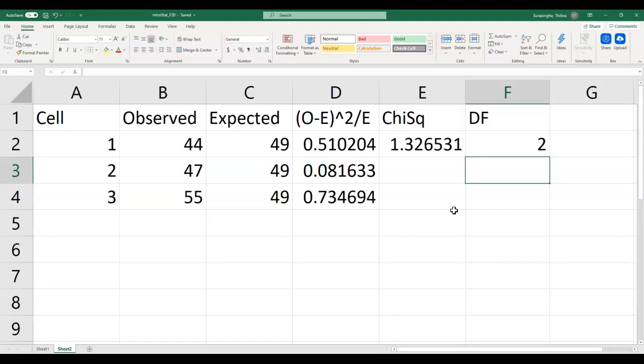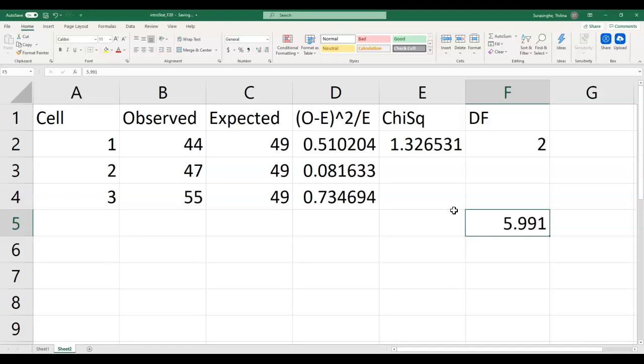What is the theoretical chi-square value that corresponds to your degrees of freedom? Your degrees of freedom is 2. That is 5.991. For all of us, the sample size is 3, so your theoretical chi-square is going to be 5.991.